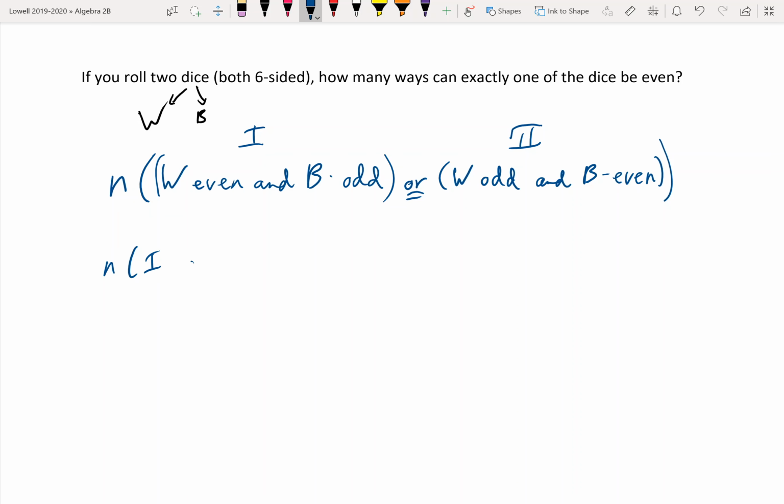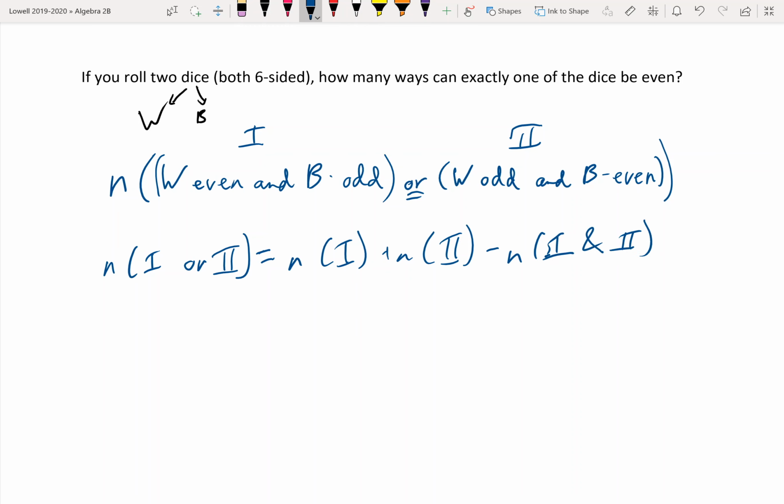The number of ways to count 1 or 2, like we said before, is the number of ways to do thing 1 plus the number of ways to do thing 2 minus the overlap, if there is any, of 1 and 2.